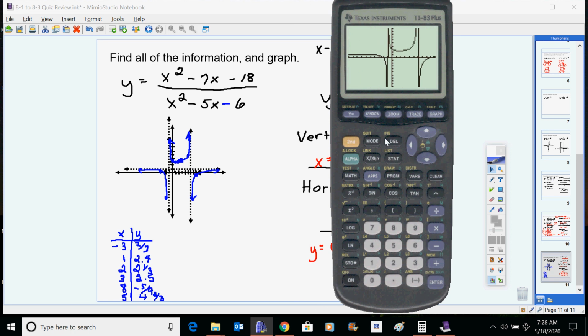Okay. But what I'm really interested in is some of those other points, so we can go to the table. Okay, and you're looking for those error ones. You know there's going to be an error at 6. And you know that there's going to be an error at -1. But then these points in here are super useful for getting a shape. And then also the ones that are down this way are super useful. It shows you what's happening as you get further and further negative.